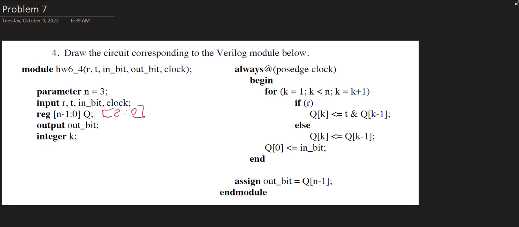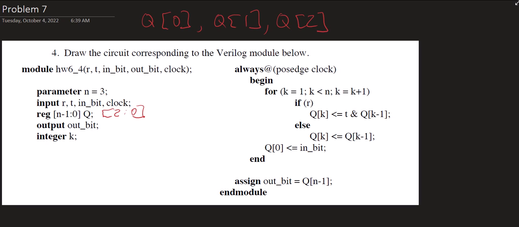And what that means is that we're going to have a Q0, a Q1, and a Q2.